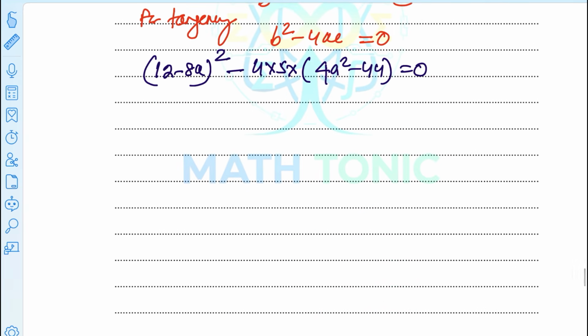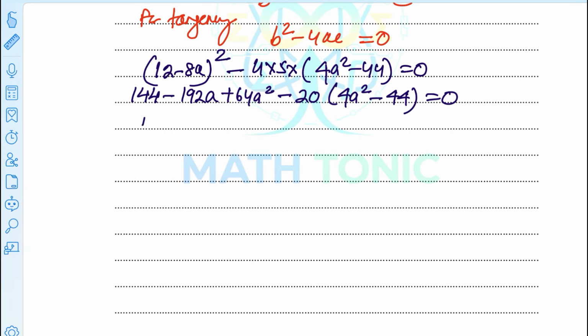Is it okay? Now if I expand this bracket, 144 minus 192a plus 64a squared, right, minus 20 times (4a squared minus 44), that equals 0.